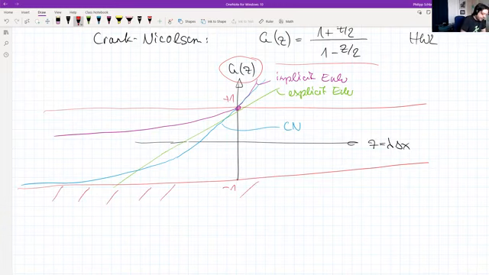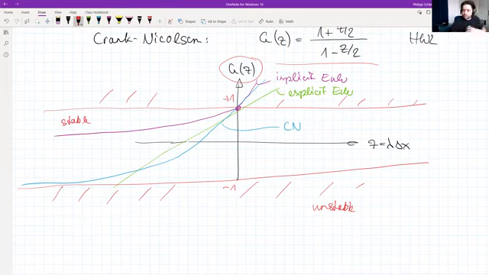Outside of the red lines, the integration would be unstable, whereas inside it would be stable, because the amplitude, or G, is larger than 1 or lower than -1. So everything that is in the positive half side here, so when lambda times delta x is positive, is of course unstable.